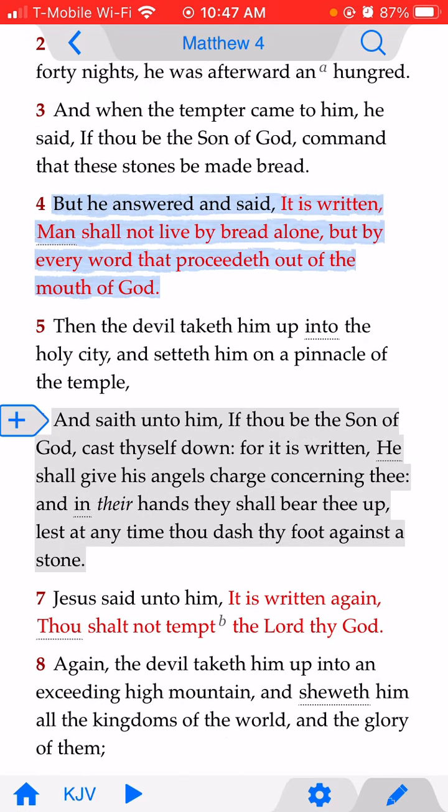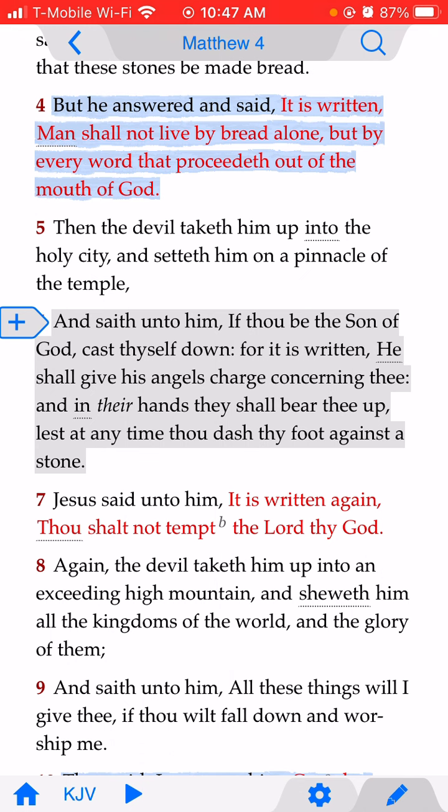It says, and saith unto him, if thou be the Son of God, cast thyself down, for it is written, he shall give his angels charge concerning thee, and in their hands they shall bear thee up, lest at any time thou dash thy foot against a stone.